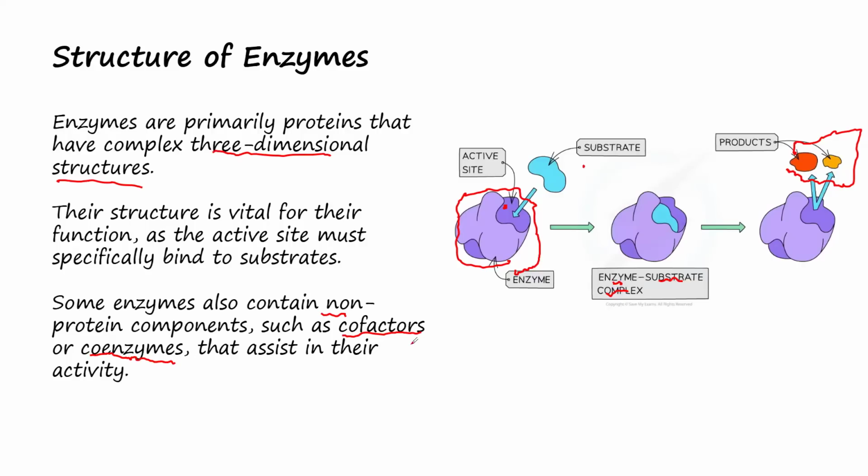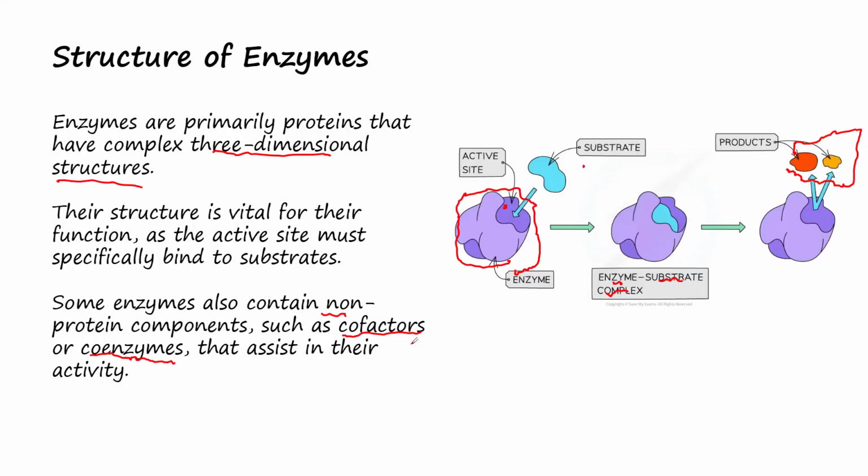So those enzymes that need coenzymes or cofactors to become active enzymes, they are very important to know. So if there are no cofactors and no coenzymes, they are called apoenzymes. If they don't attach with the cofactors or coenzyme, they are called apoenzymes.